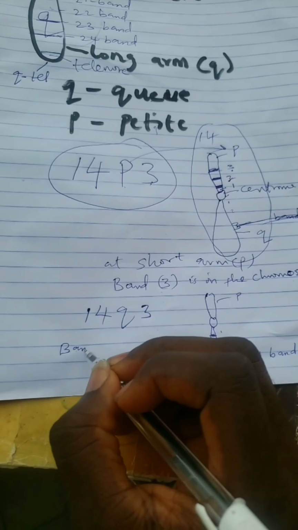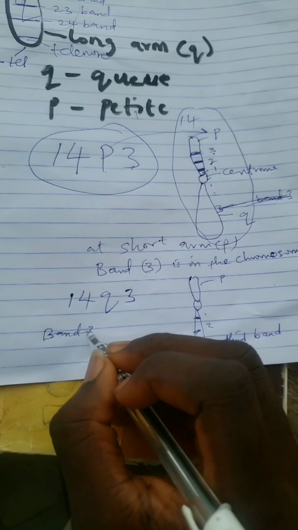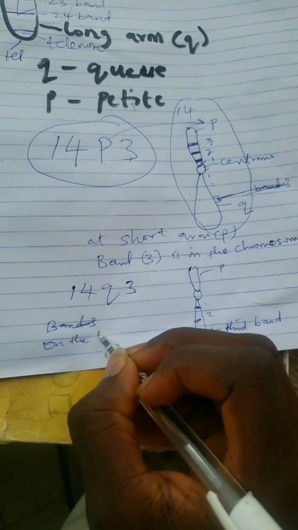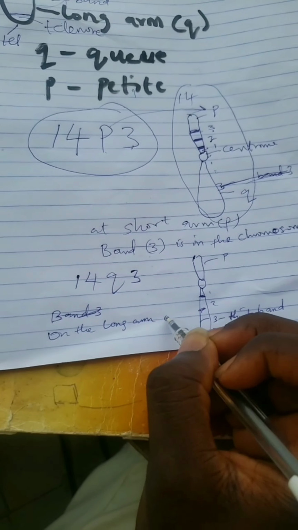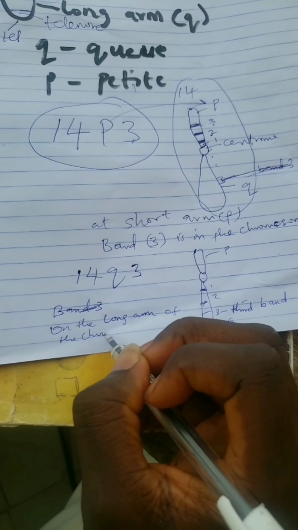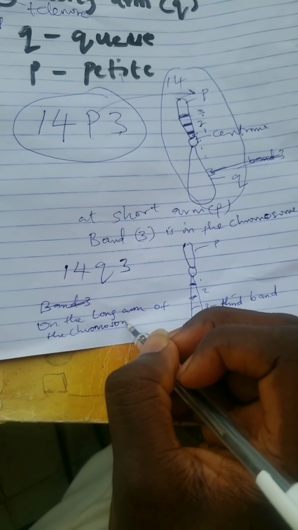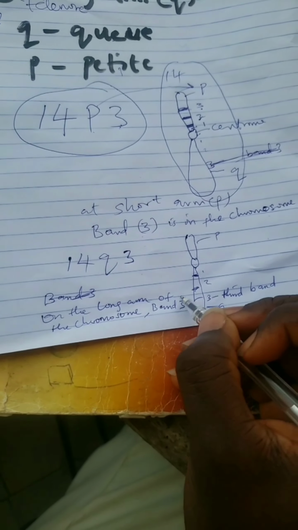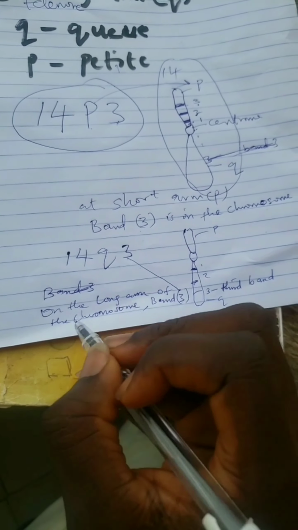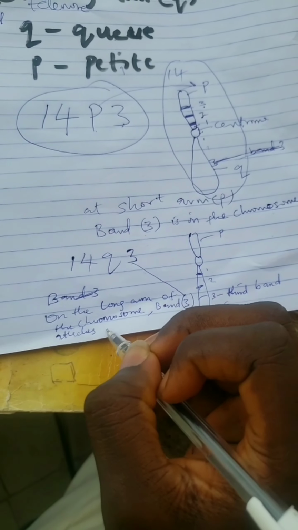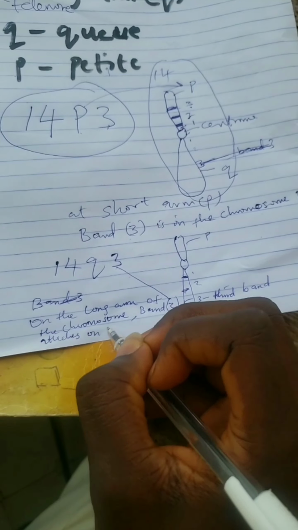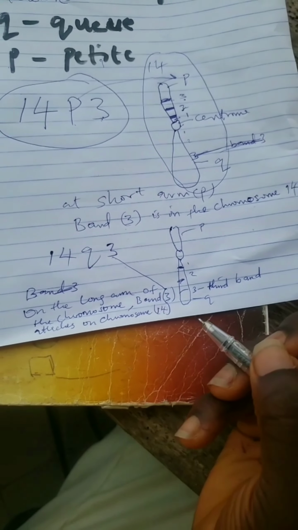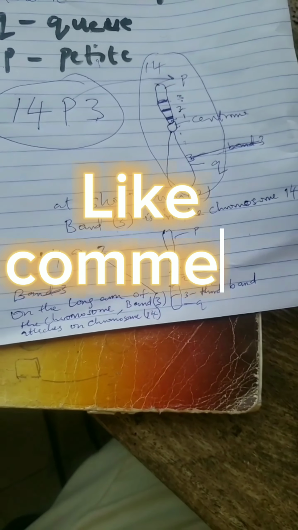I name it band 3. Let me start with the full name: on the long arm of the chromosome, band 3, which is this, attaches on chromosome 14. So you can see I've finished. This is how to name it.